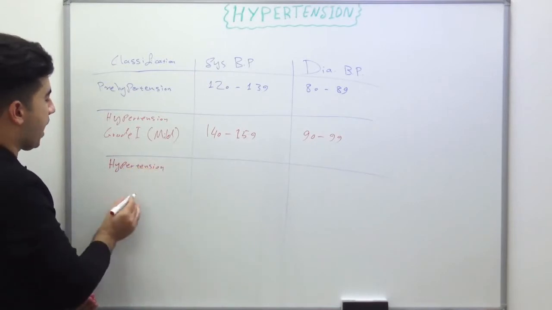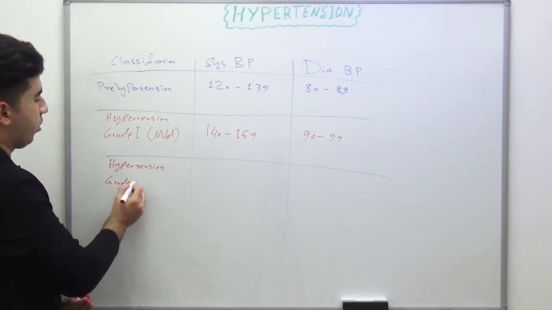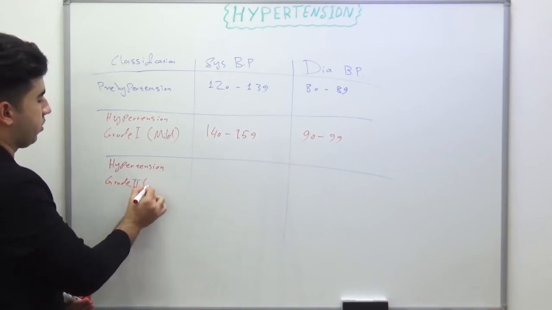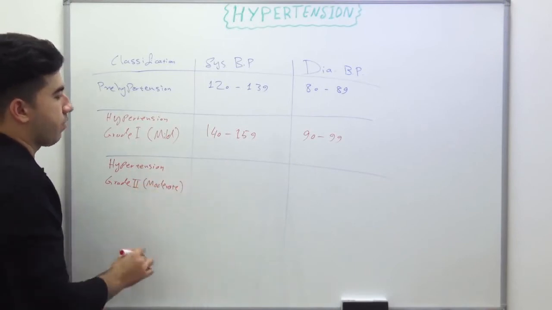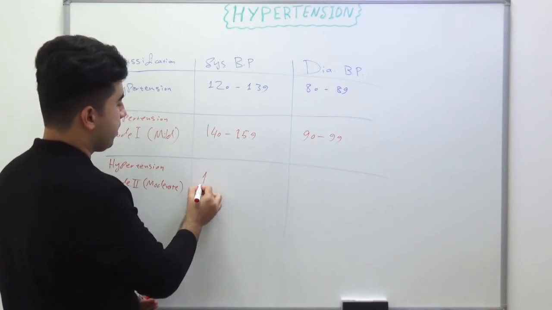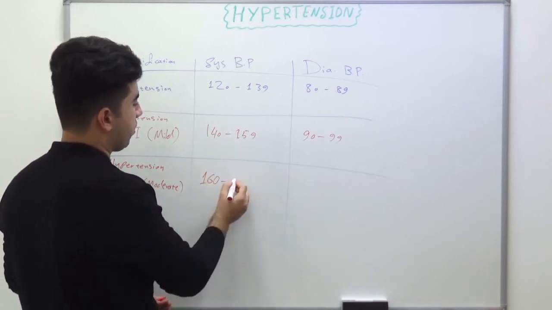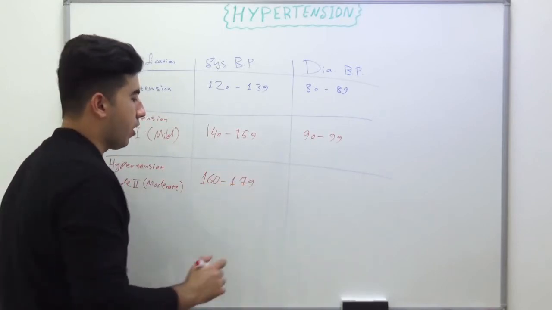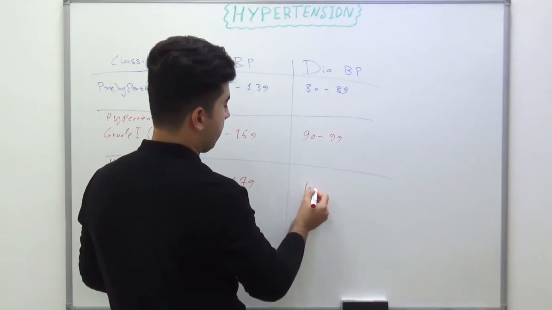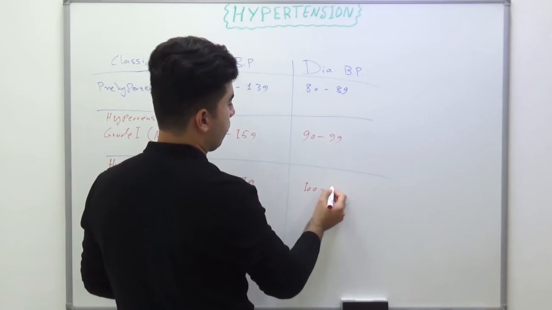In these patients, the hypertension is more severe, sometimes called moderate hypertension. These patients have a systolic value of 160 to 179, and a diastolic value of 100 to 109.